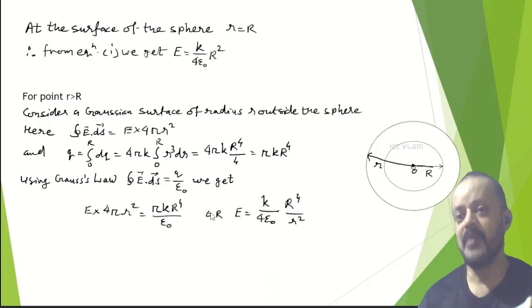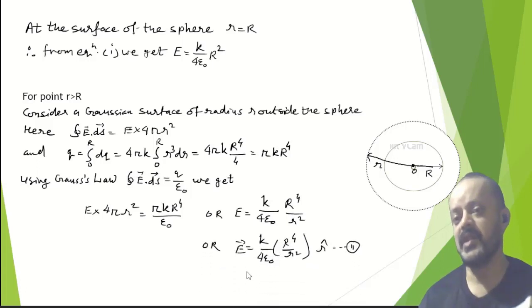As we simplify it, E is equal to k divided by 4 epsilon naught, capital R raised to 4 divided by r square. In vector form, it can be written as vector E equals k divided by 4 epsilon naught, in bracket capital R raised to 4 divided by small r square, into r cap, which is a unit vector along the direction of the electric field. So this is the solution of this problem.